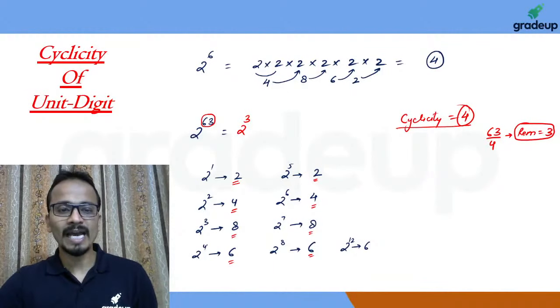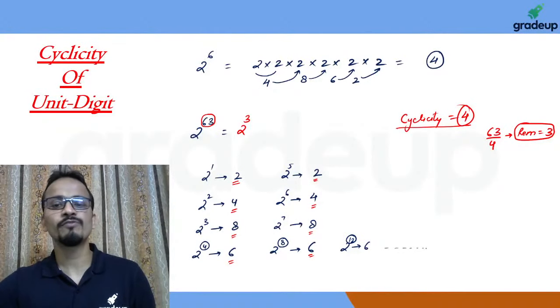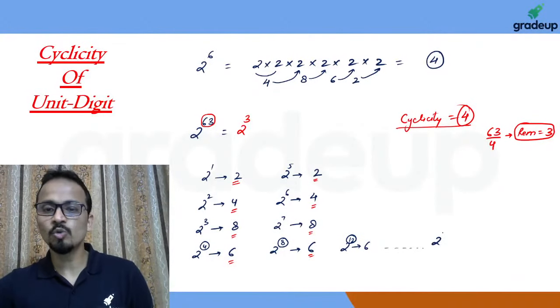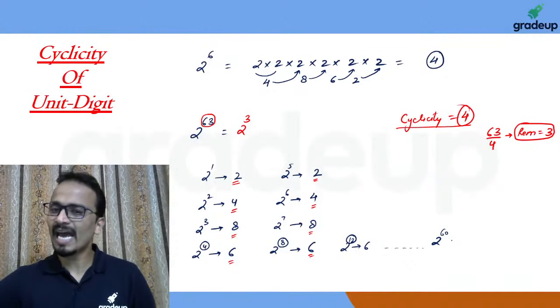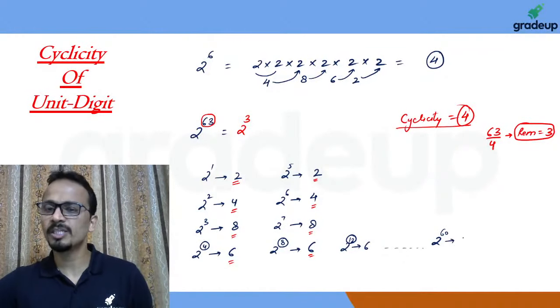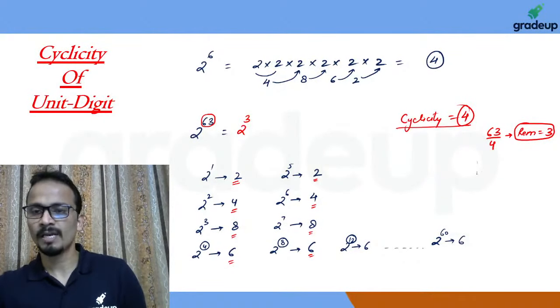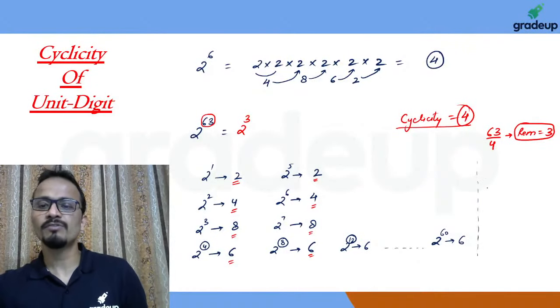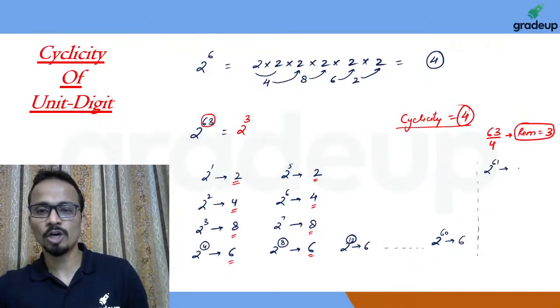Okay, so likewise if you observe at the bottom, all these powers are the multiples of 4. Likewise, 2 raised to the power 60 will lie at the bottom and its unit digit will be equal to 6. And if you write further powers, 2 raised to the power 61 will come at the top and will have a unit digit of 2. 2 raised to the power 62 will have a unit digit of 4.